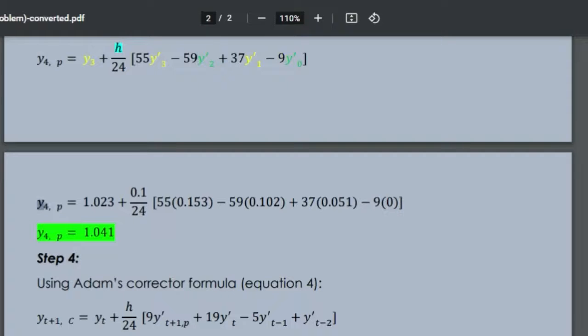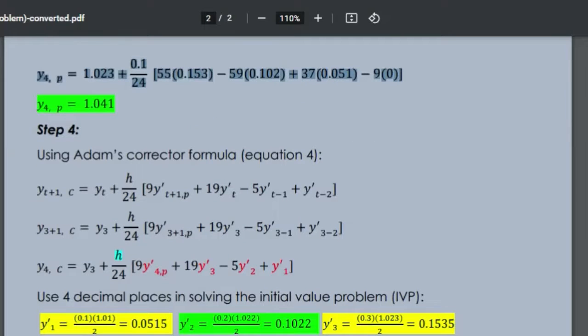So we calculate, guys, fixing the calculator to 3 decimal places, and we come up with y sub 4 p, the predictor, equals 1.041.